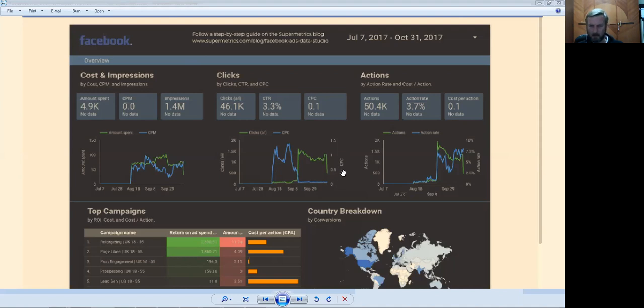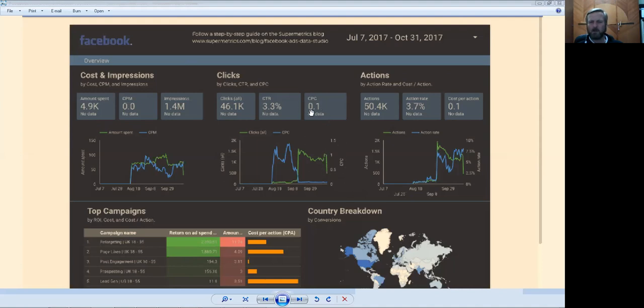Okay, I see here now CPC is on this side, but once again, you will see that CPC, that's the scale on the right-hand side, which refers to this. But is it pounds? My logic tells me it should be pounds because it seems like most of the information here is UK related.